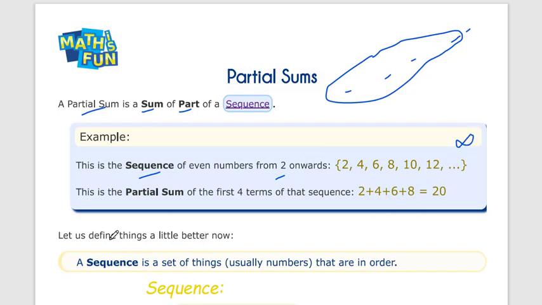It is infinite, but a partial sum is, for example, taking the first 4 terms, or the first 5 terms. Countable terms, which is called a partial sum. If we want to find the first 4 terms of the sequence and add them, the partial sum will become 20.